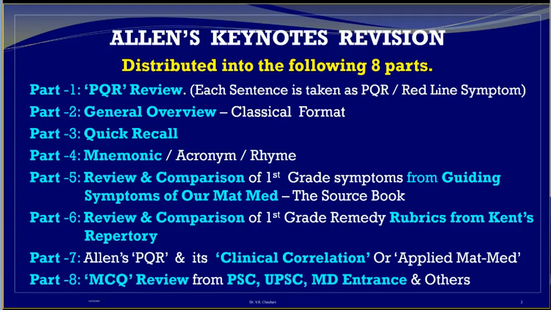And then the last part, part 8, MCQ review. Here we are going to deal with MCQs which have already been taken up from public service commissions like state public service commissions, UPSC, MD entrance, and other important examinations.